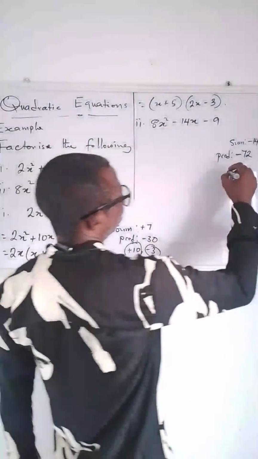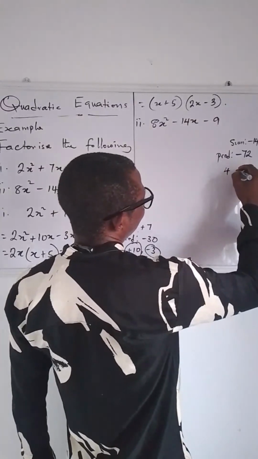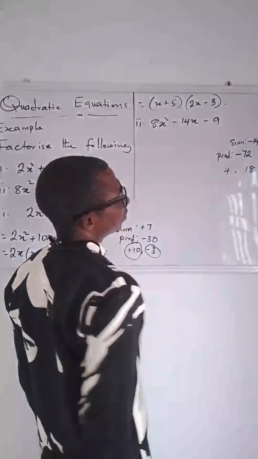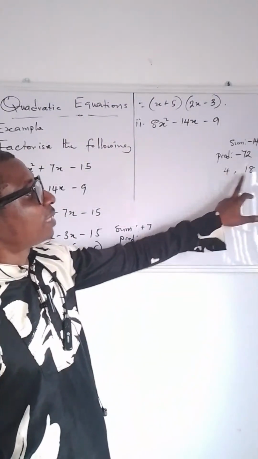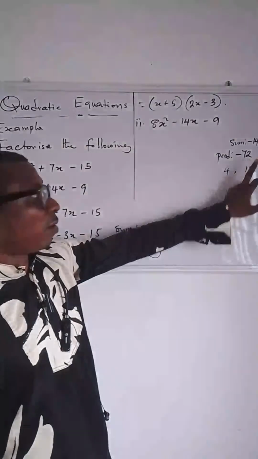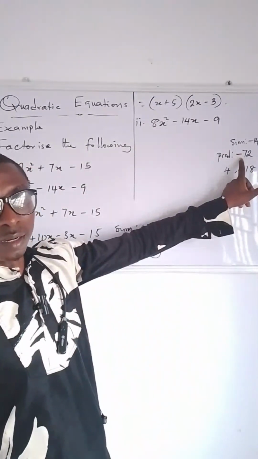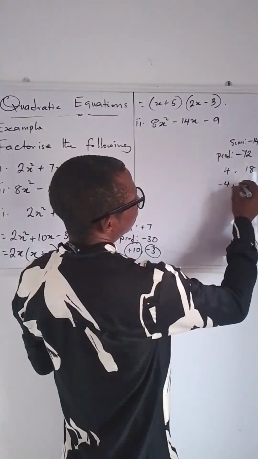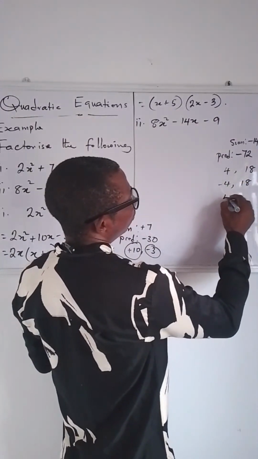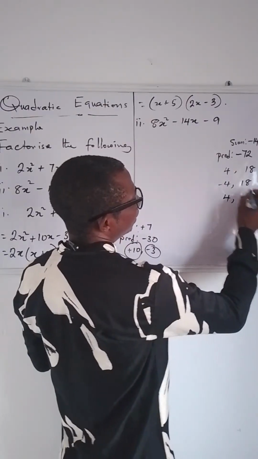So what are the two numbers? Let's look at 4 and 18. Now look at 4 and 18. When you multiply this and this together, you have 72. All right, so I want to have negative 72. So you see that I have minus 4 times 18, or I have 4 times minus 18.